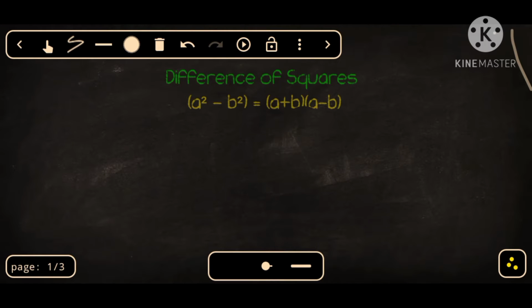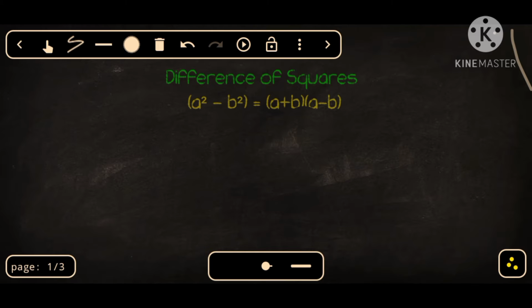Okay, so for this video, we'll be discussing one of the factoring techniques, which is the difference of squares. For the difference of squares, it follows the pattern a squared minus b squared.